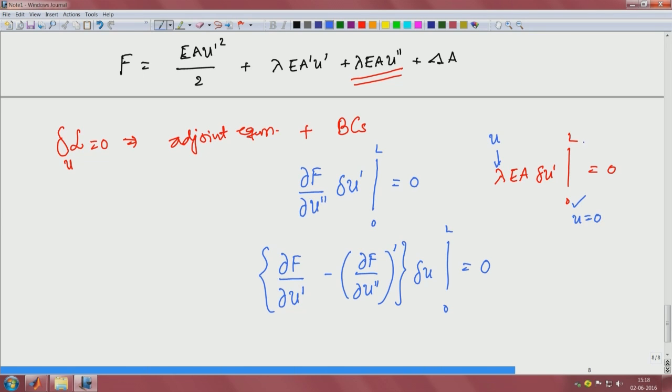Now, at the other end, where we have x equal to L, u is not 0 because it is free, E is of course not 0, and δu' is also not fixed because u' that we have there is like a Neumann boundary condition or natural boundary condition, we are not specifying it. There we say A must be 0.